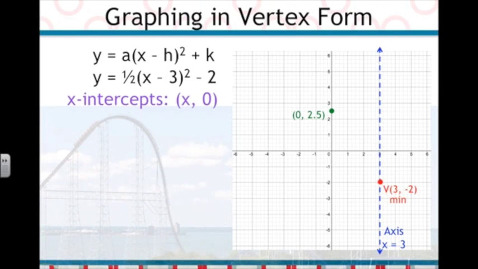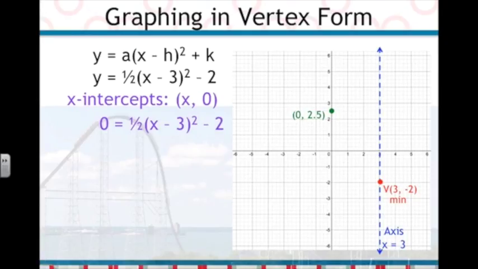Finally, we need to find the x-intercepts. X-intercepts are points on the x-axis, so the y-coordinates equal 0. To find the x-intercepts, or zeros, we substitute 0 in for y and solve for x. The equation we get, 0 equals 1/2 times the quantity x minus 3 squared minus 2, is a quadratic equation.